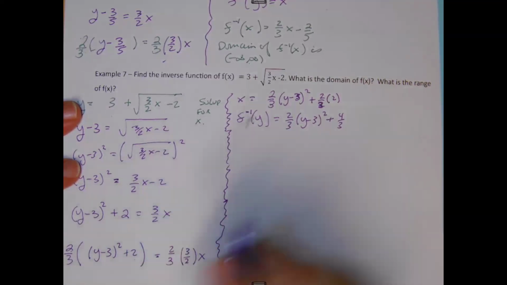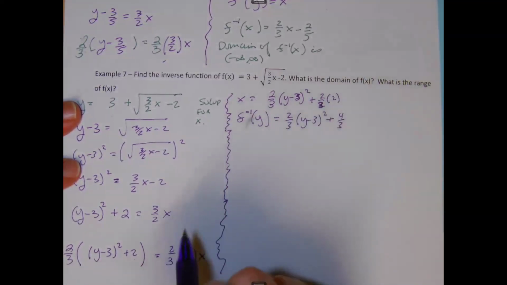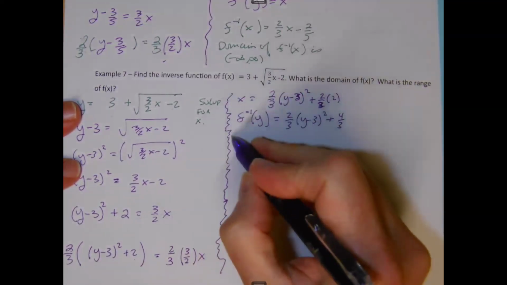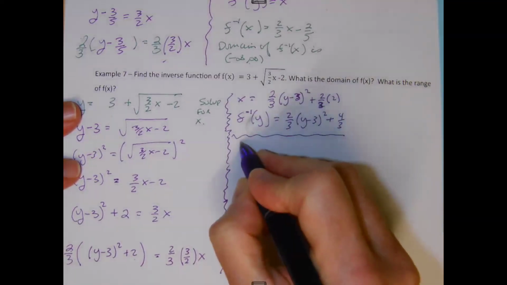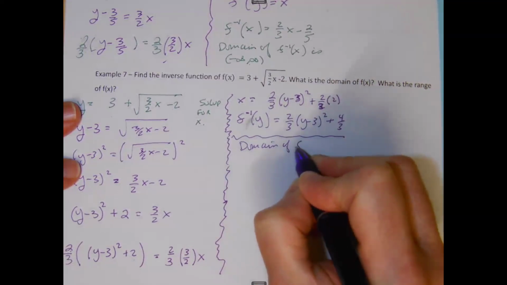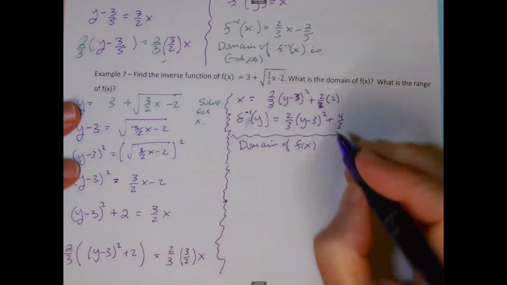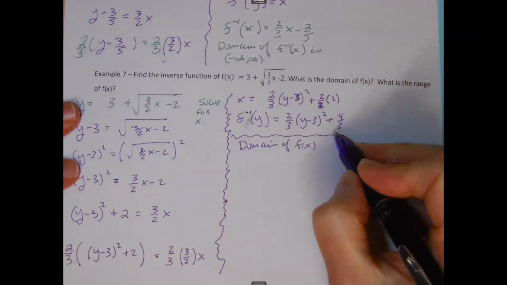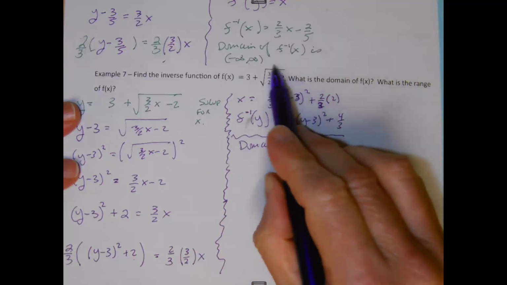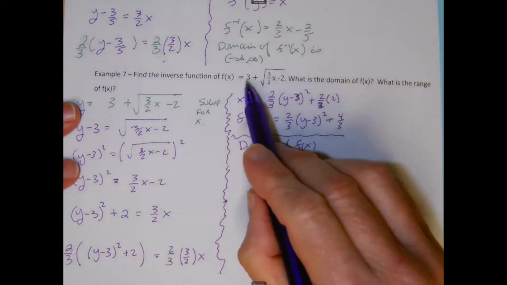All right. So now I'm going to answer the next question. What is the domain of f of x? So now let's go back to f of x. We got this portion done, domain of f of x. Okay. So now I have to look at this entire equation. The 3 is not a problem.